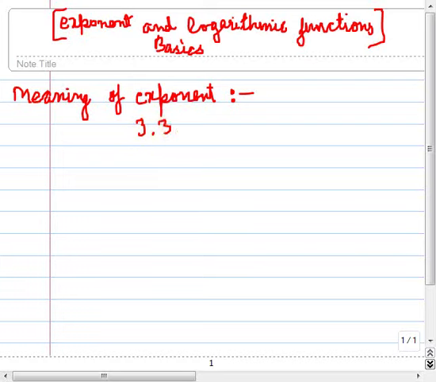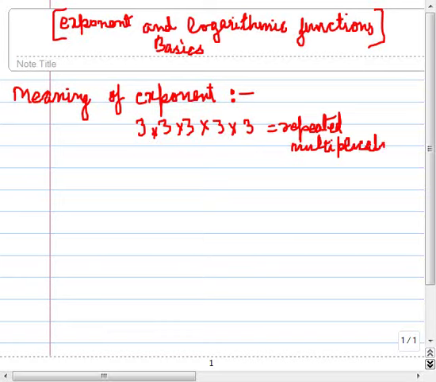That's like 3 into 3 into 3 into 3 into 3. This is repeated multiplication of the same number. Here 3 is repeated 5 times.